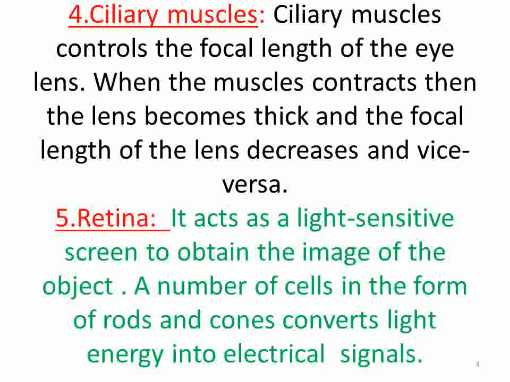Next, let us come to the retina. It acts as a light-sensitive screen on which the image is formed. A number of cells in the form of rods and cones convert light energy into electrical signals. The number of rods and cones present in the retina decides whether an eye is able to see in day or night.